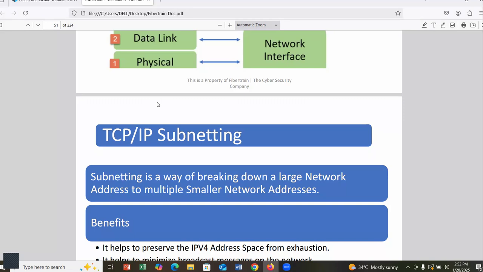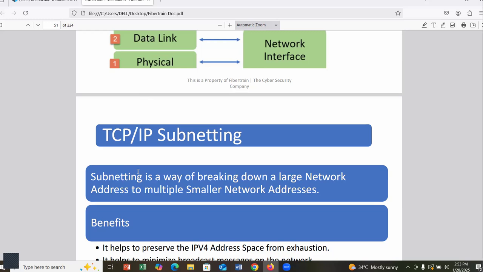We are more than 60 million and they are still able to give people IP addresses. So how is that possible? That is where subnetting comes in. Subnetting is when we break down a large network into multiple smaller networks so that we still have a lot of IP addresses to assign to computers on the network.